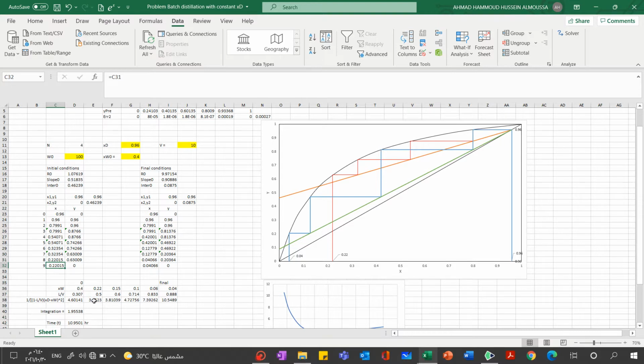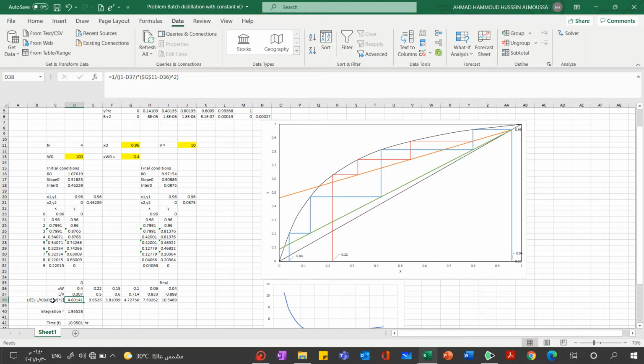Then when you finish this point, when you fill this table, you will find that by default the Excel sheet will calculate this for you, which is the y value.